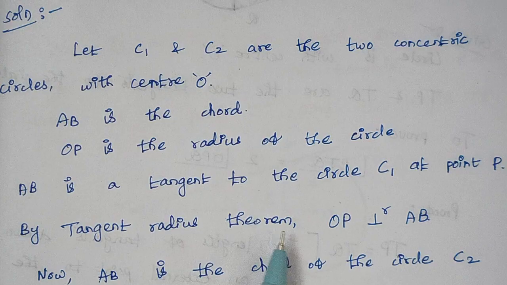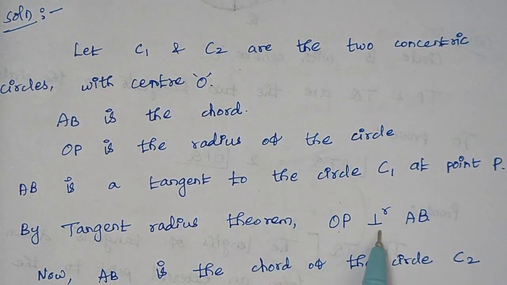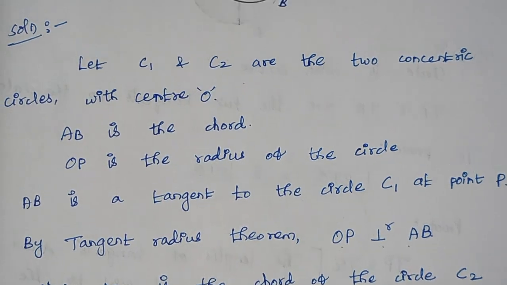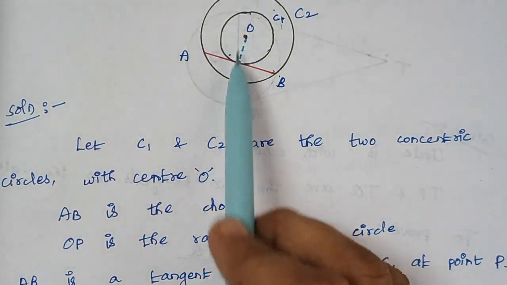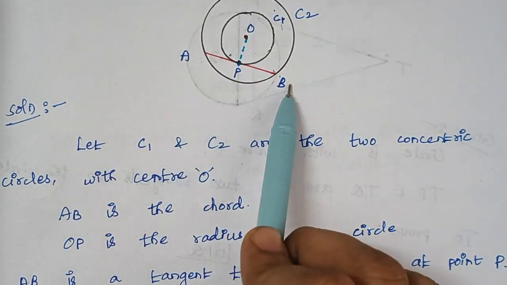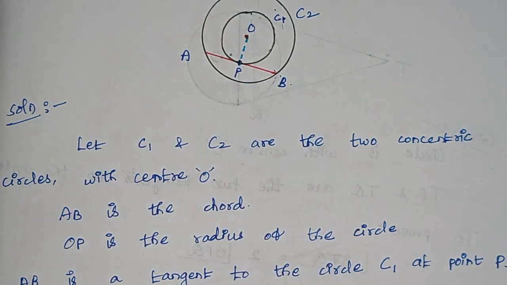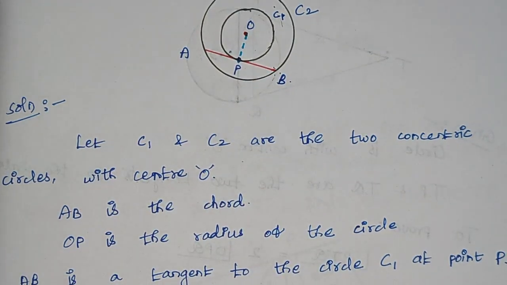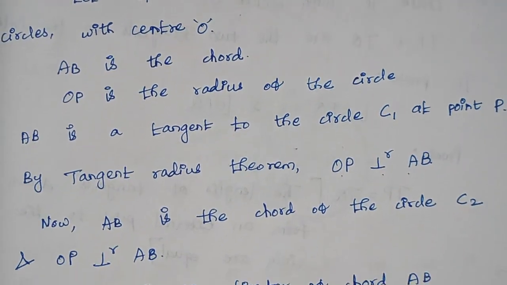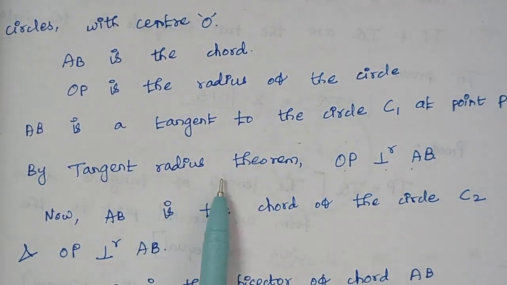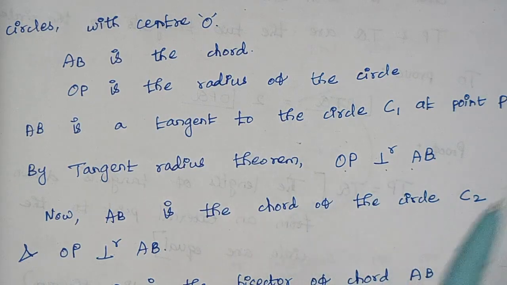So by tangent radius theorem, OP is perpendicular to AB. It is clear, right? OP is perpendicular to AB, because AB is a tangent and OP is a radius. So therefore, you see here, this is what I had written: by tangent radius theorem, OP is perpendicular to AB.